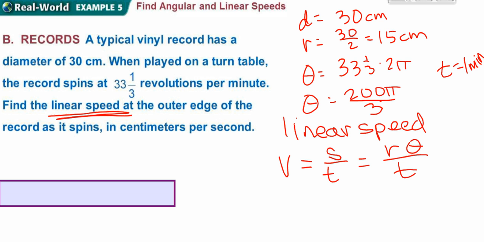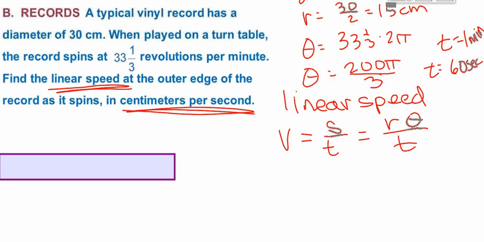But here's the dynamic that we have to be careful of. We want our answer to be in centimeters per second, which is what it says here. And so our time is 1 minute. So how many seconds is that? 60 seconds. So we do have to read carefully. Centimeters, we're good to go.